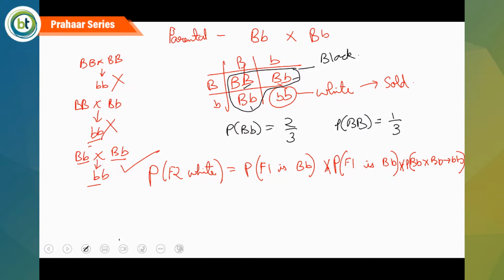What is the probability of F1 to be heterozygote? We have already found it out, 2 by 3, multiplied with again 2 by 3. If 2 heterozygotes cross, what is the probability of getting homozygous recessive? 1 by 4. So the probability that F2 will be white if you cross 2 F1s will be equal to 1 by 9.